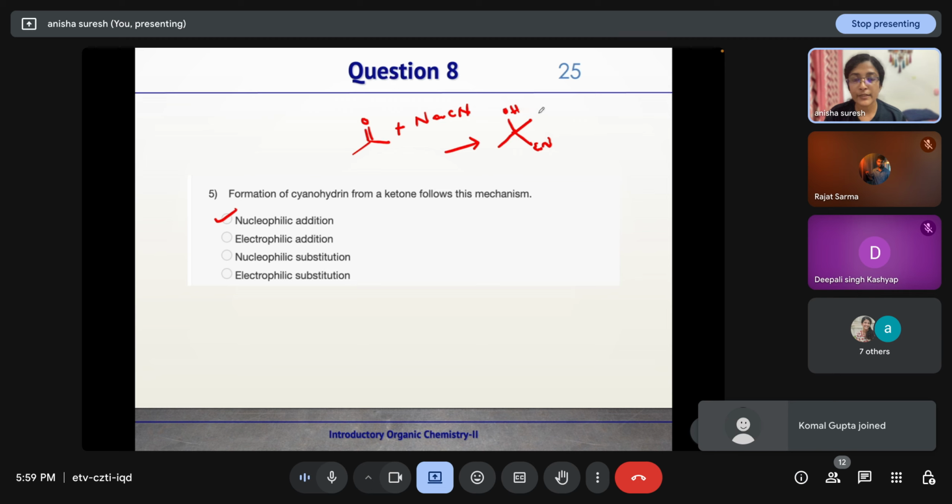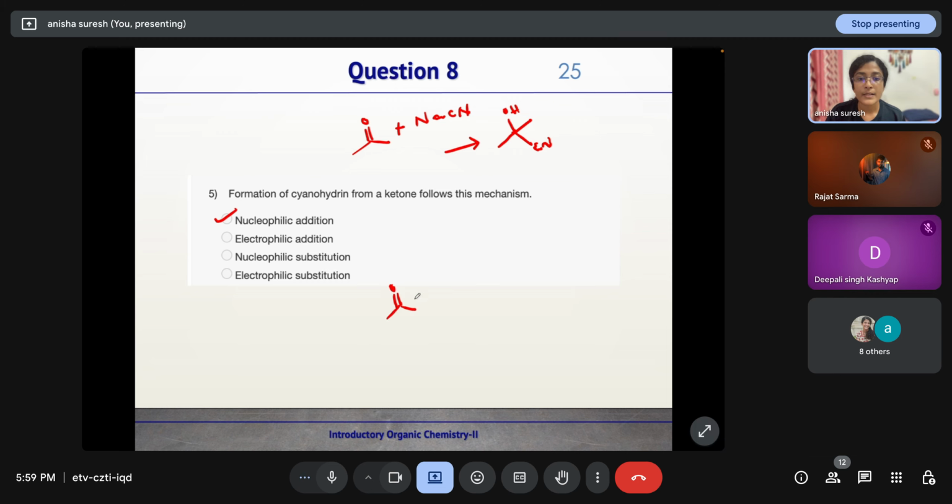So it is resulting in the formation of cyanohydrin. So what is happening here? We have seen in nucleophilic addition reaction, CN minus will be the nucleophile. It will come and attack on the carbonyl carbon. This carbon oxygen double bond will break and the electron density will shift towards oxygen, resulting in the formation of this tetrahedral intermediate.